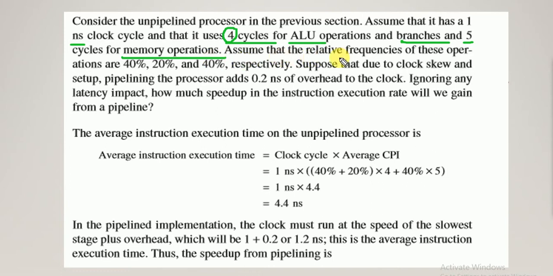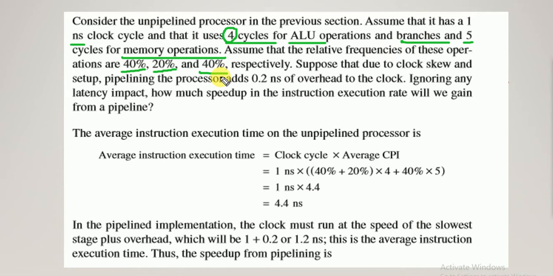Now assume that the relative frequencies of these operations are: 40% of operations are ALU operations, 20% are branch operations, and 40% are memory operations.